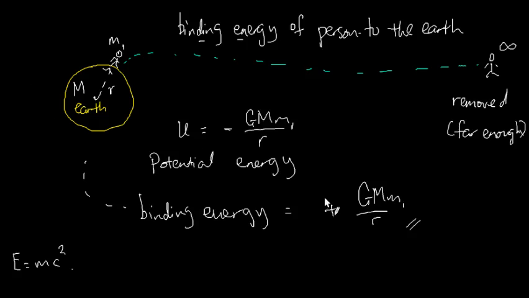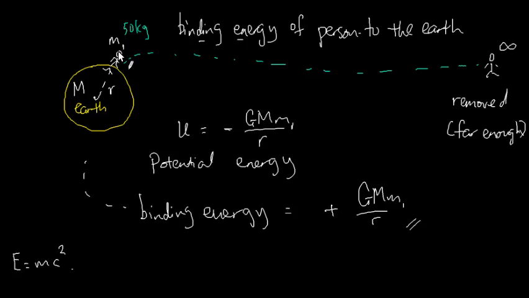So let's see what we mean. Let me start by trying to calculate a value for this binding energy. How can I do that? Well, I can just use this formula. Let me take some example values just to get an idea. Let's say the person has a mass of 50 kilograms.